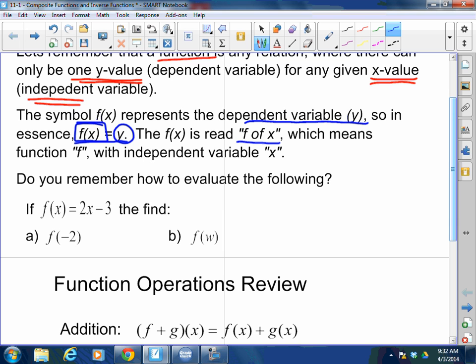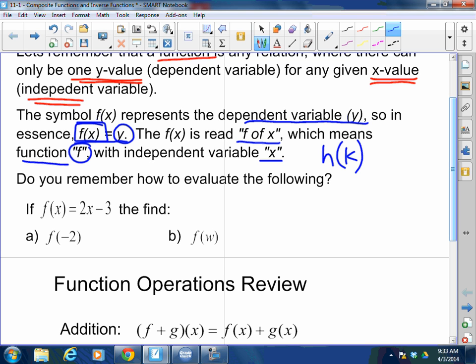It means function f with independent variable x. That's all it means. So if I give you h of k, that means this is function h with independent variable k. Does that make sense, guys? This should be pretty clear in your brains, right?